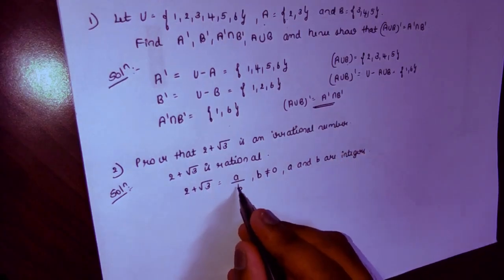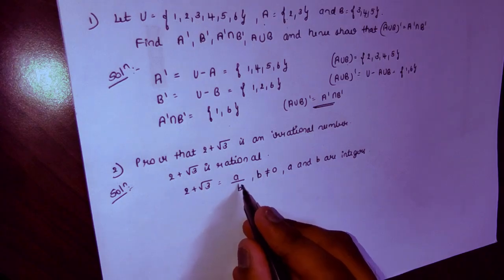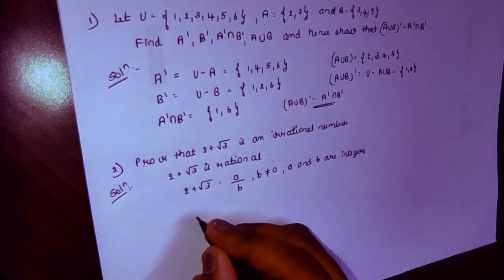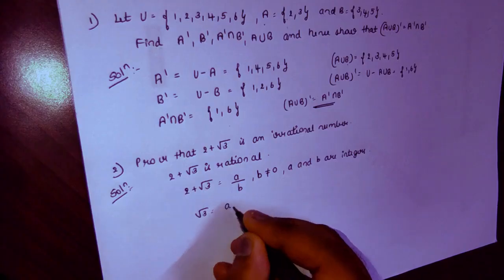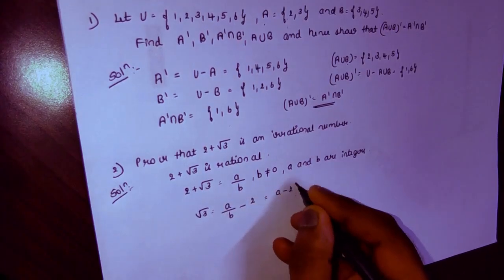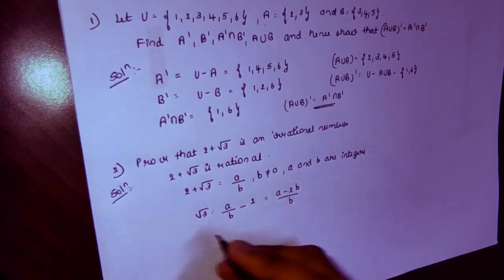This becomes root 3 is equal to a by b minus 2, that is equal to (a minus 2b) by b.